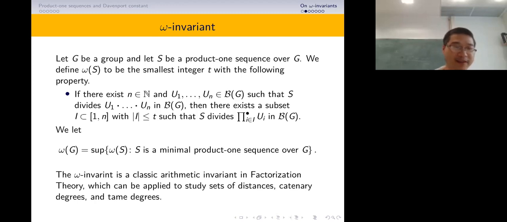This omega invariant is a classical arithmetic invariant in factorization theory, and it can be used to study set of distances, catenary degrees, and tame degrees. But I do not introduce definitions here, and I just do not want to give you the definitions from the algebra side, but just this invariant is very important. So we go on to talk about this invariant.